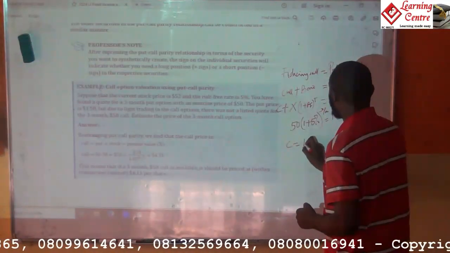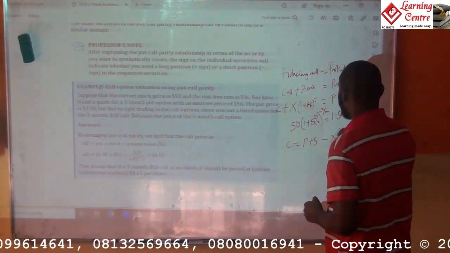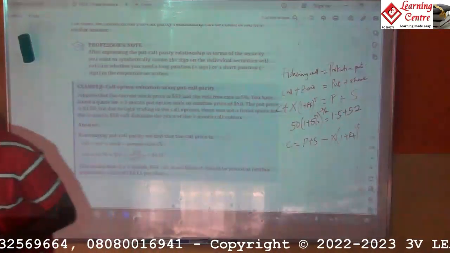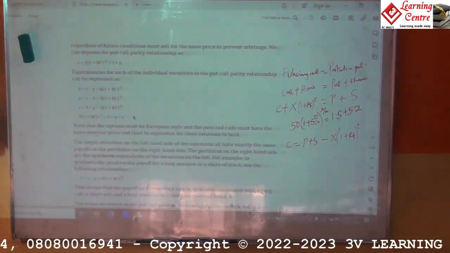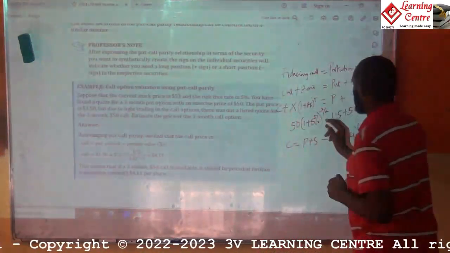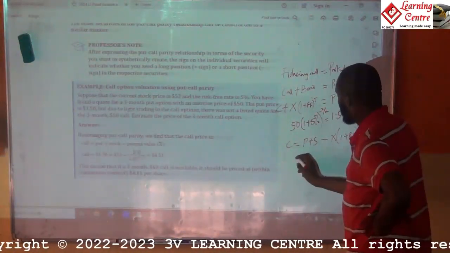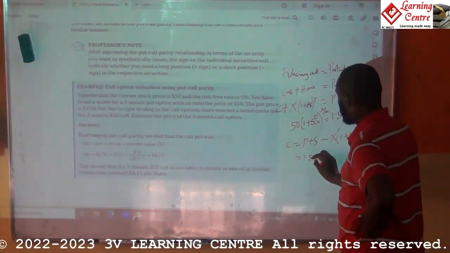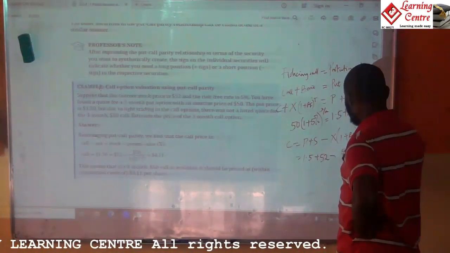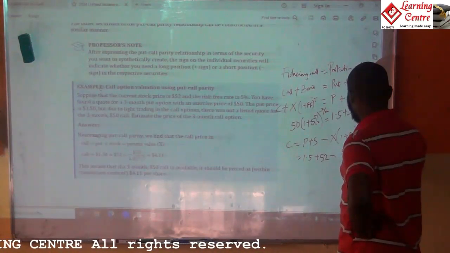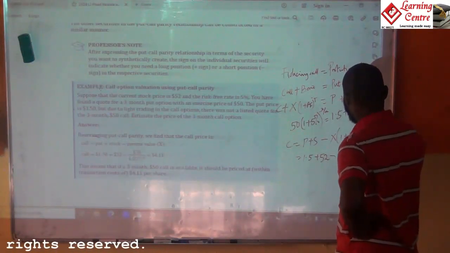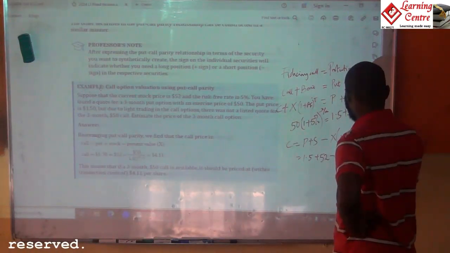So C is equal to P plus S minus X times 1 plus R raised to power minus T. So you have your 1.5 plus 52 minus 50 times 1.05 raised to power 3 over 12 plus 0.25.